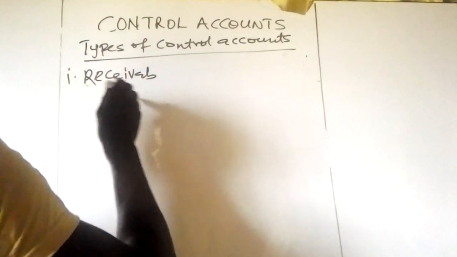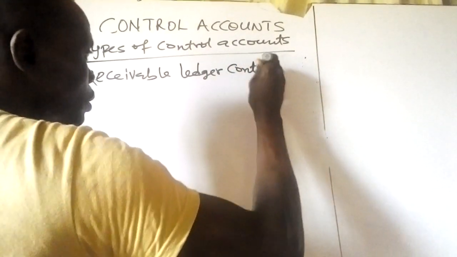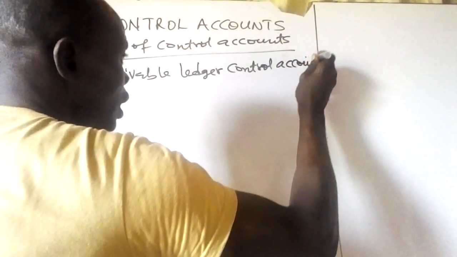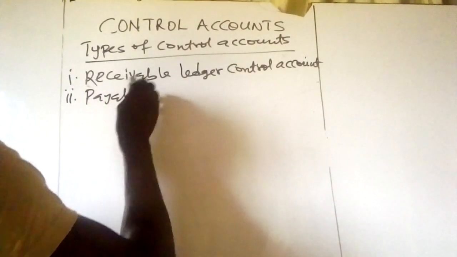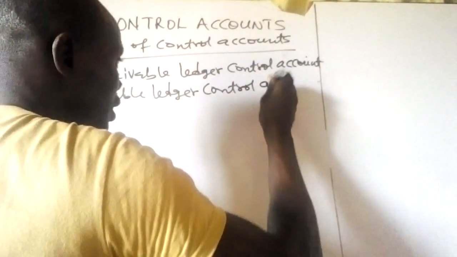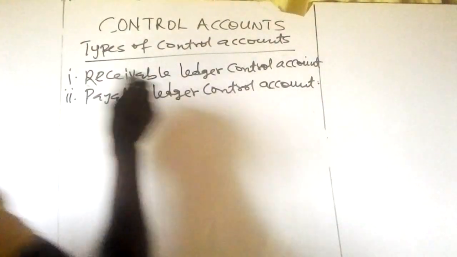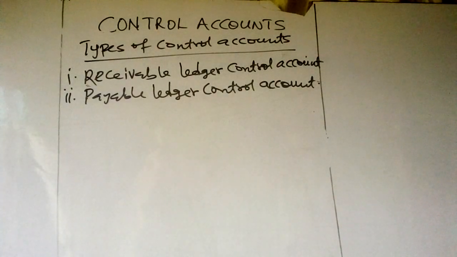And number two, we have the payable ledger control account. Another word for the receivable ledger control account is sales ledger control account or revenue ledger control account, while another word for payable ledger control account is the purchase ledger control account.